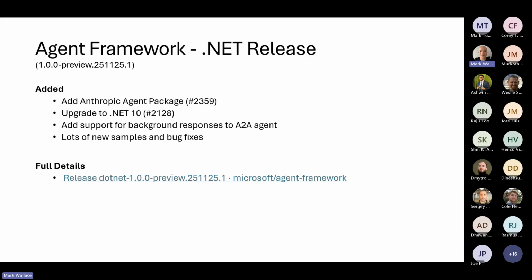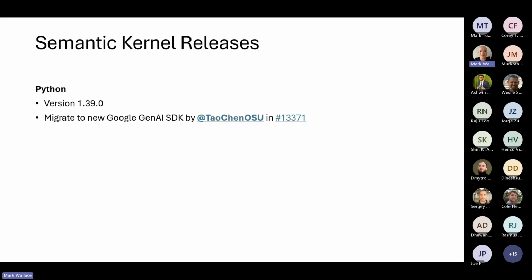No, okay. And then for Semantic Kernel, there's just been a Python release. There hasn't been a .NET release in a couple of weeks, so we'll try and get a new .NET release out next week. The main change is the migration to the new Google Gen AI SDK. Also, there's another change that was part of this PR.